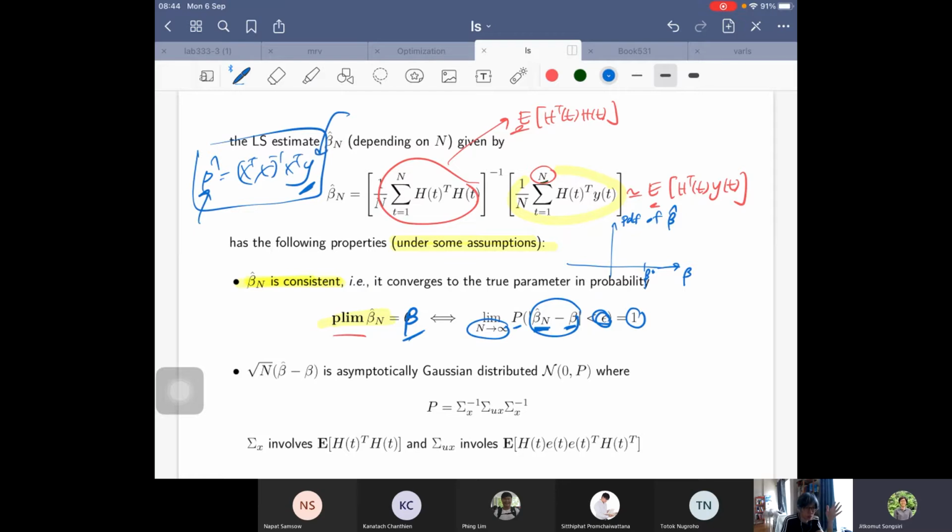Your data is random because it's corrupted by noise. Every time you collect a new data set, you get a different beta hat. One value of beta hat is a point estimate obtained from using one data set.